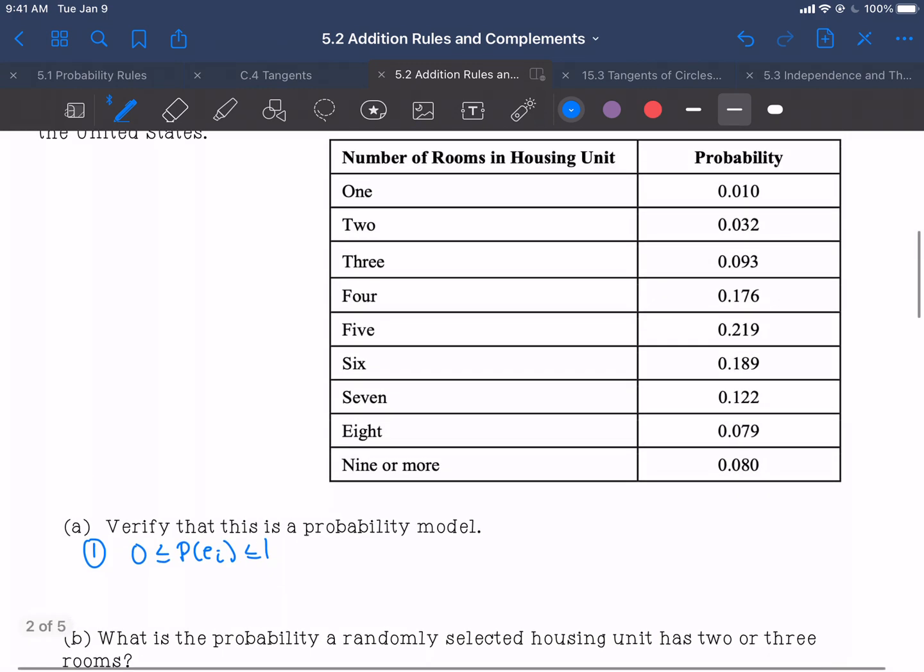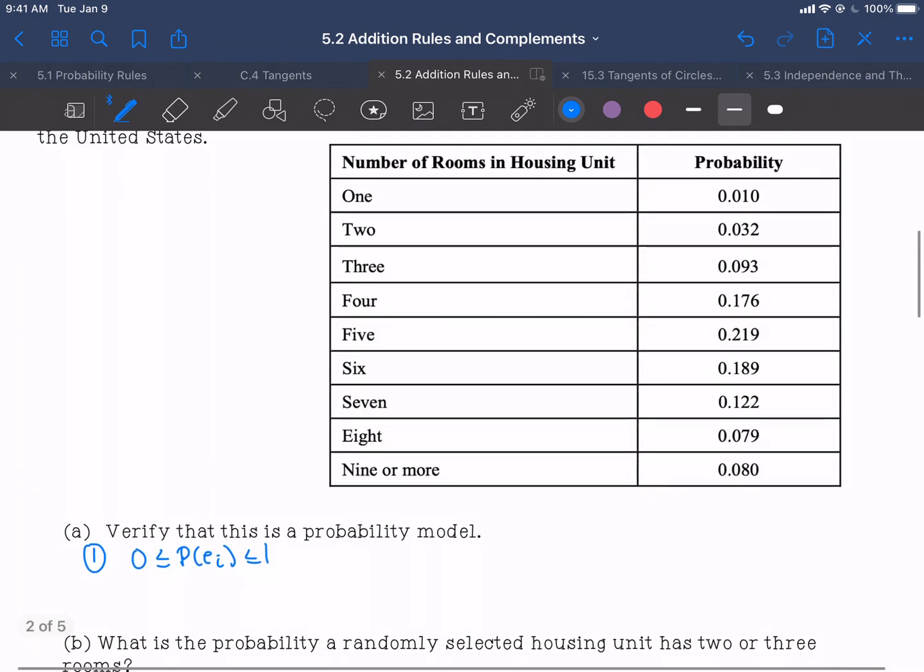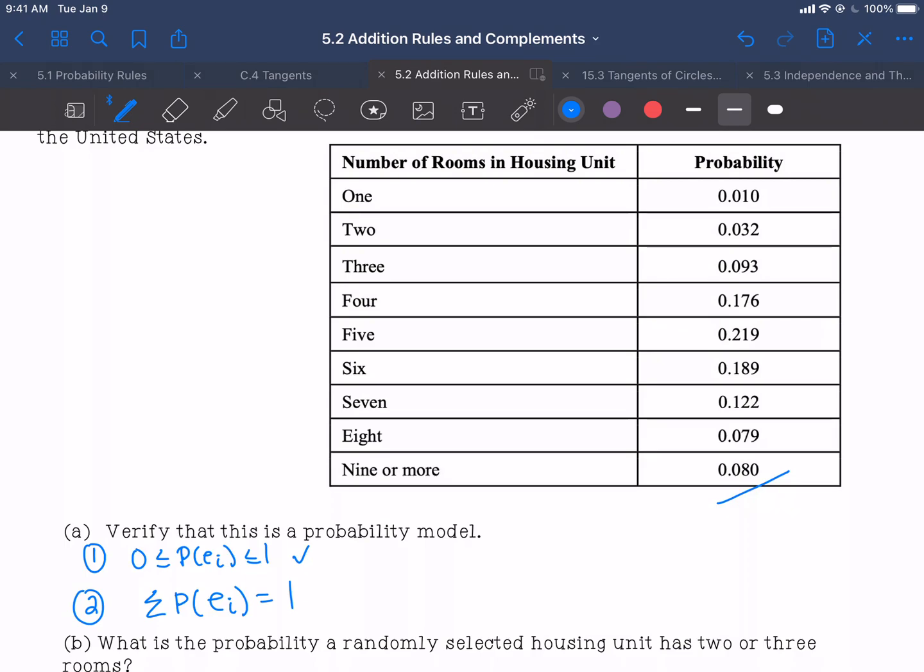So if we look at all of the probabilities, they all are between 0 and 1, so it satisfies that. The other thing that needs to be satisfied is that the sum of all of those probabilities needs to be 1. So if you add up all of those, you would get a total of 1. So it satisfies that. Since it satisfies both probability rules, it's a probability model.